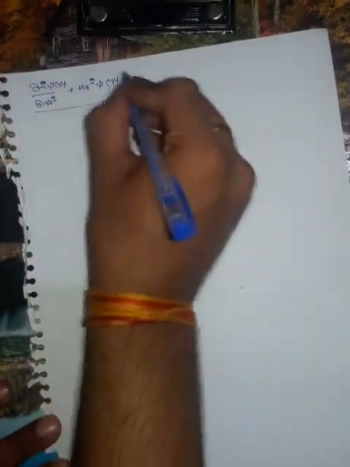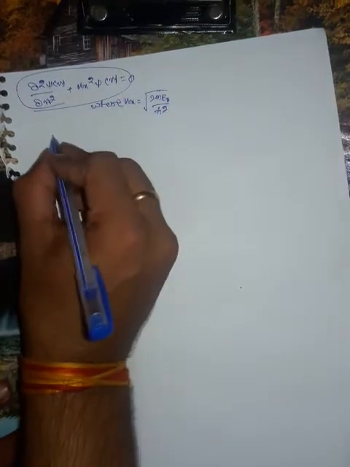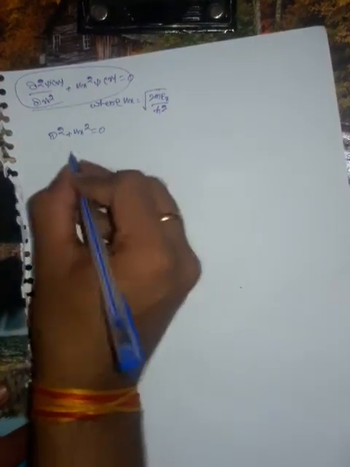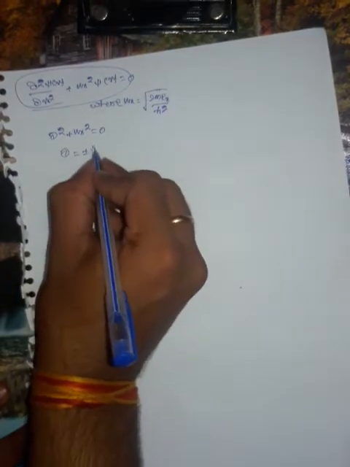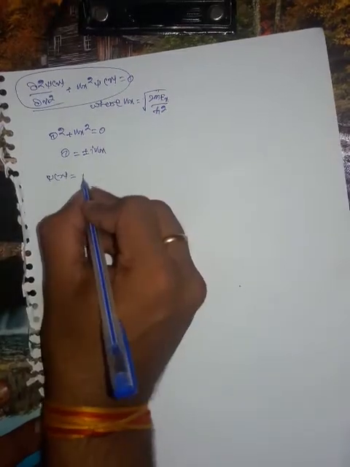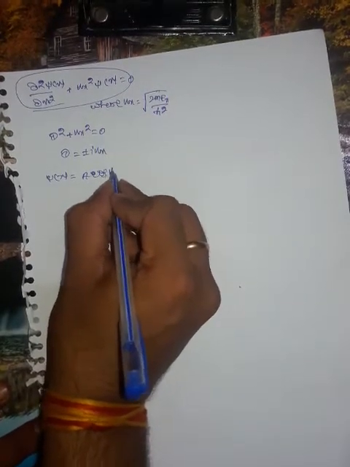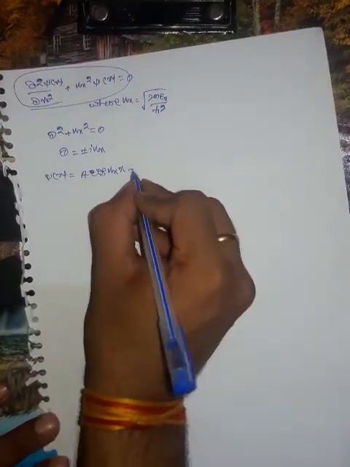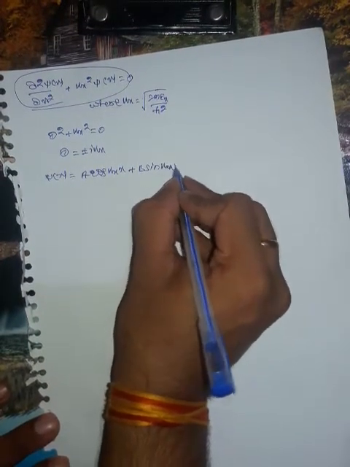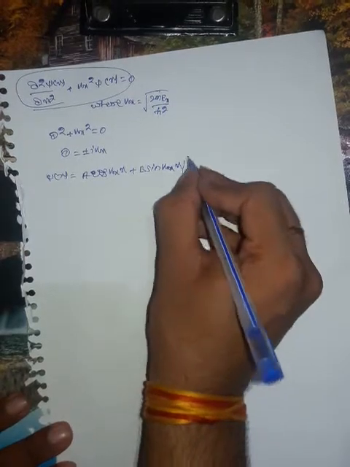Since it is a second order differential equation, its auxiliary equation becomes D square plus kx square is equal to 0. That implies D is equal to plus minus i kx, so its solution becomes psi of x is equal to A cos kx x plus B sin kx x. Okay, this is the solution.